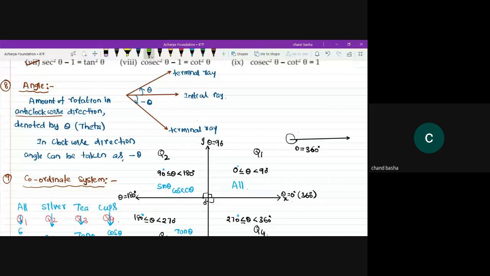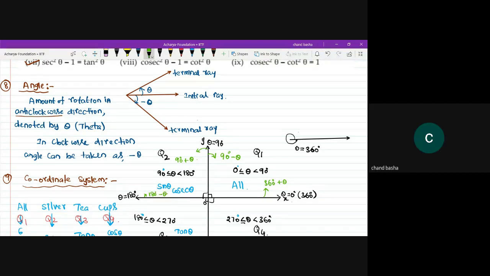It is 90 minus theta. This quadrant is 90 minus theta, something less than 90. And if you want, you can take even 360 plus theta. If I enter the second quadrant, it is 90 plus theta and 180 minus theta.